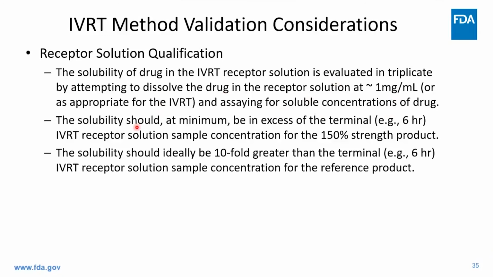This solubility really needs to be at minimum in excess of what you'd be seeing in your terminal sample, like your 6-hour sample, for that 150% strength of the product, because that's going to have a higher release rate. And you want to be able to capture that. So you need to have a solubility that exceeds that, and ideally 10-fold greater than the terminal, for example, 6-hour sample for the reference product itself, because these are the levels that you're going to be seeing in your pivotal study.